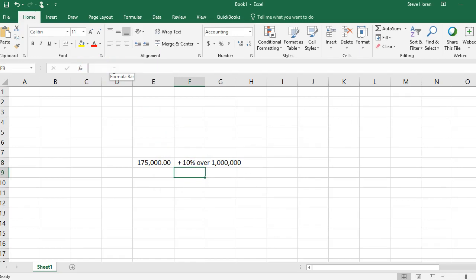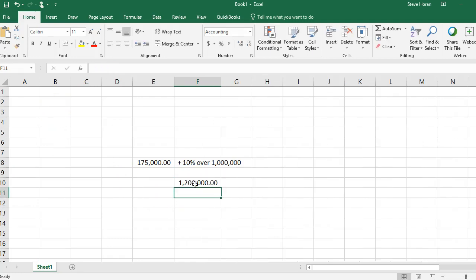So our company is at $1.2 million. I'm going to type in $1.2 million. That's how much expense we have. And so let's figure out what they're allowed to do. So it's $175,000 for sure, plus 10%.